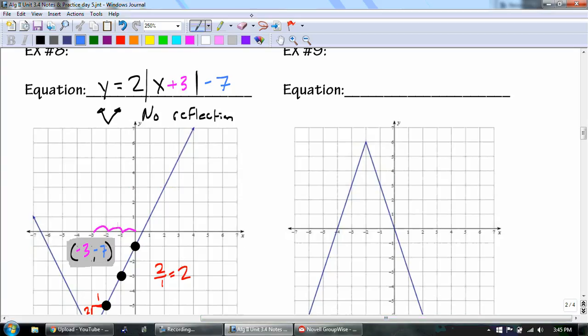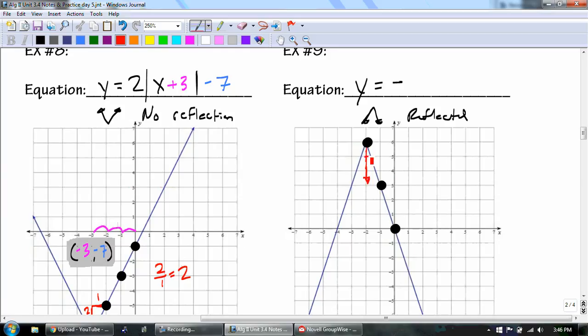All right. So the first thing that I notice about number 9 is that it's reflected, okay? And when it's reflected, I know that there's going to be a negative out front. So once again, I'm trying to find places where our function crosses at an even point.